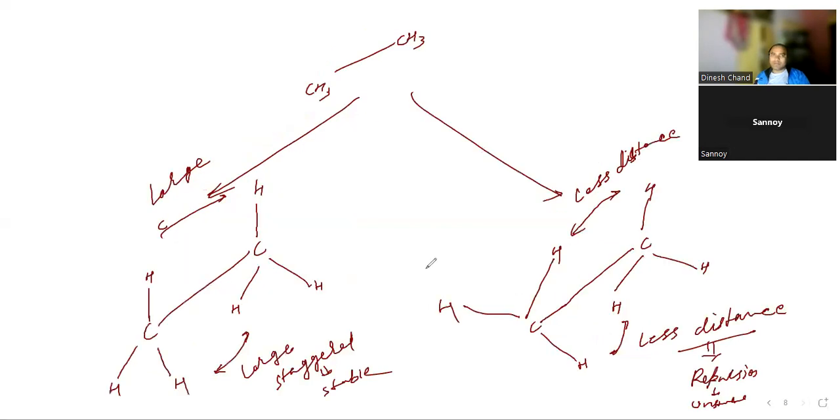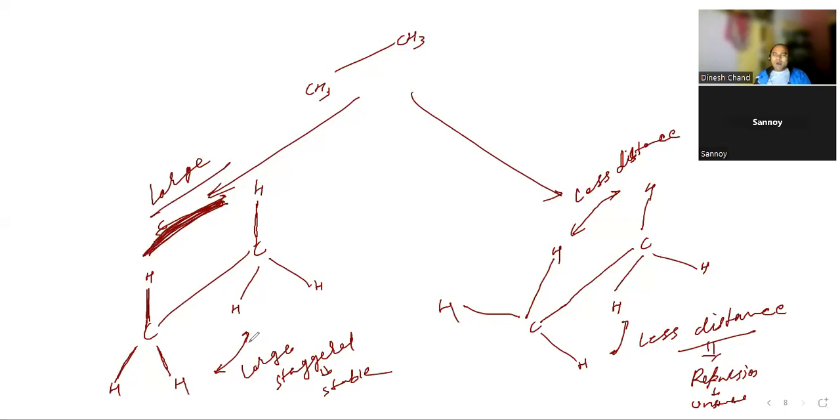Now see, next one. Here you see this line and this line are similar lines. What does the similar line indicate? Here the angle is too much, large angle.